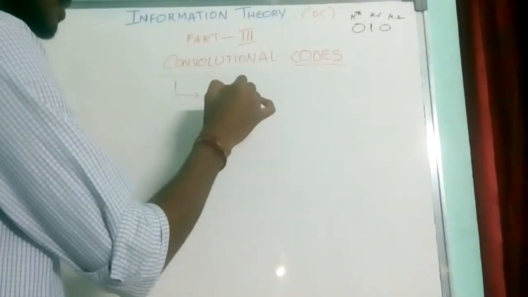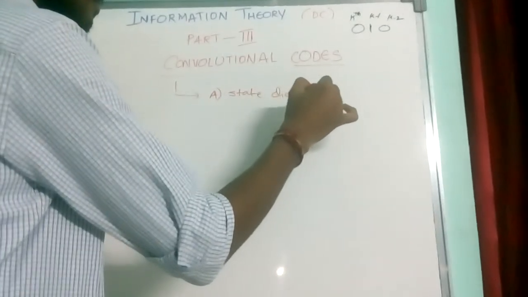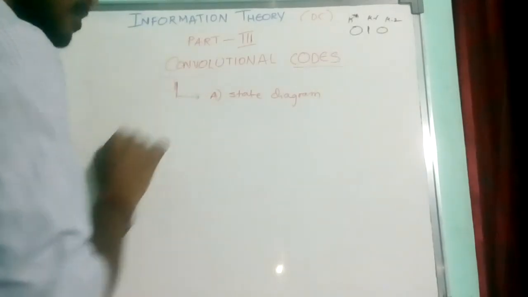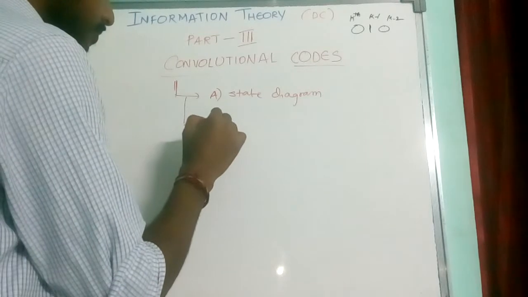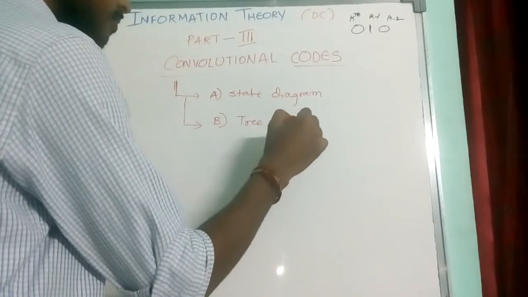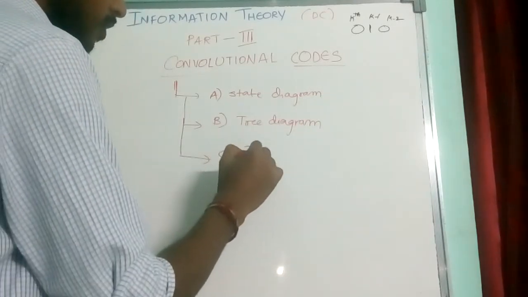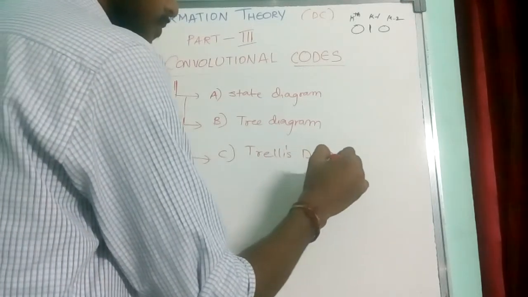One is the state diagram representation, which is the basis for the next two representations. The second is the tree diagram representation. The third, most important and easiest one, is the trellis diagram.